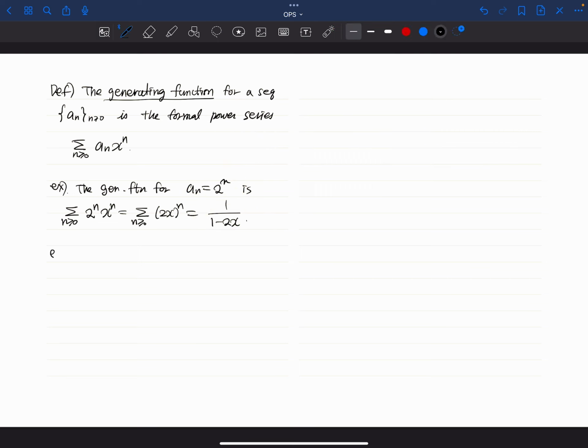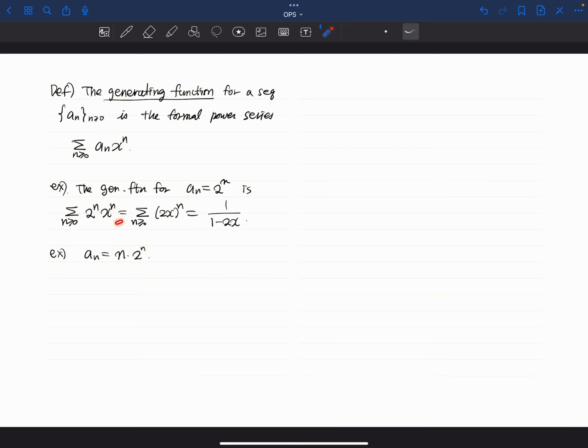And let's see if we can compute this. a_n is n times 2 to the n. Can we find the generating function? This has some similarities with the previous one.